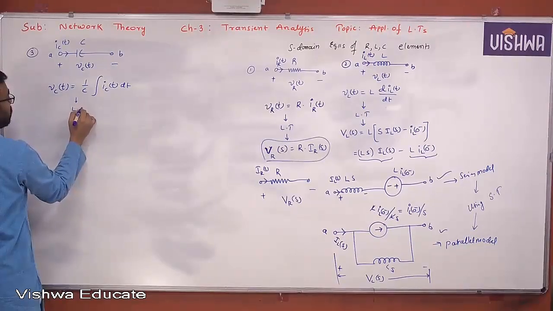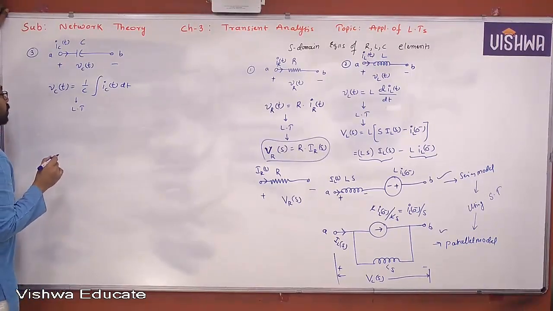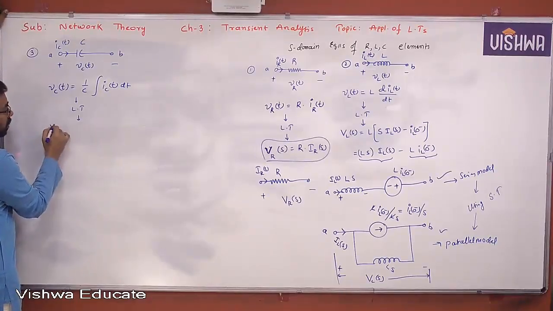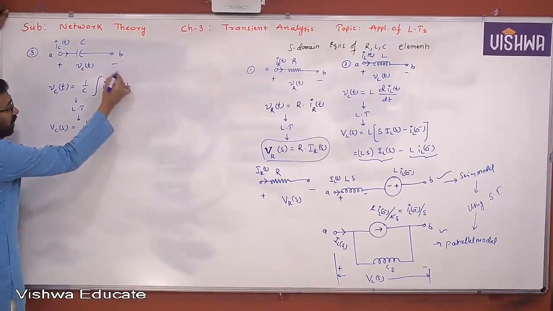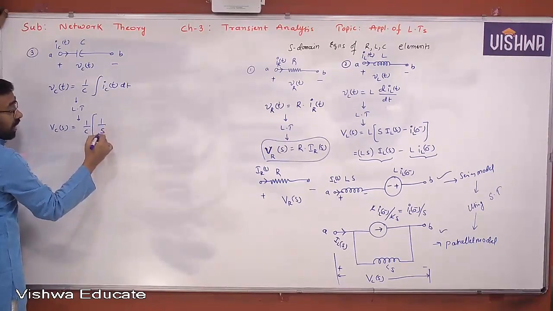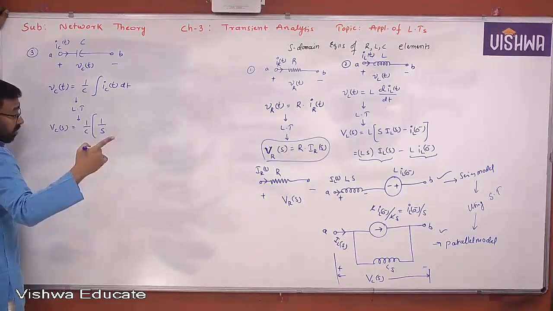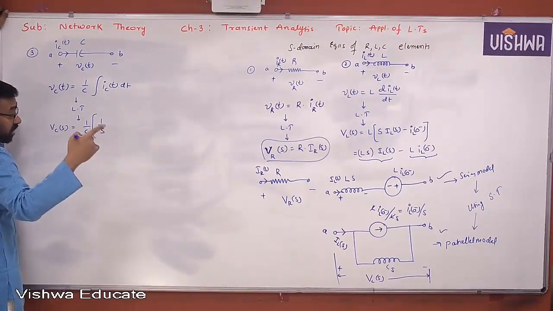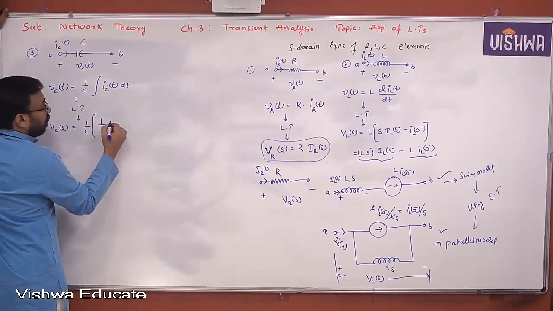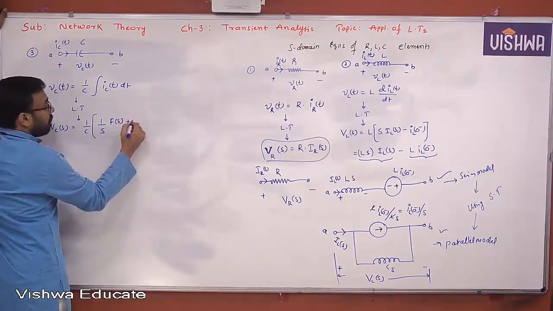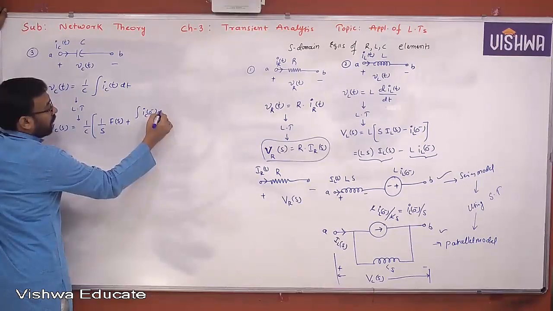Applying Laplace transformation to it, what do you get? VC of S is equal to 1 by C. Laplace transformation of integration, you already know very well. I gave you the properties: time integration, time differentiation, frequency differentiation, frequency integration. So in that time integration property, you get 1 by S F of S plus integral IC of 0 minus dt by S.